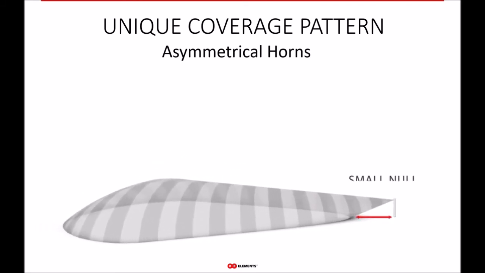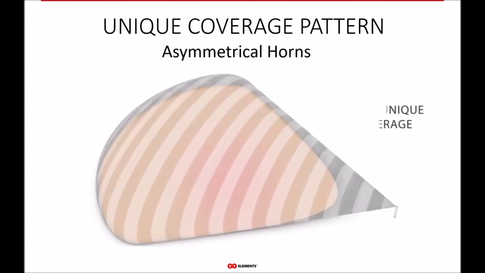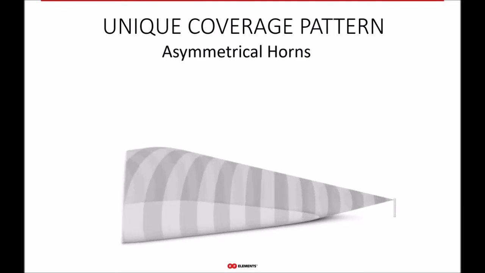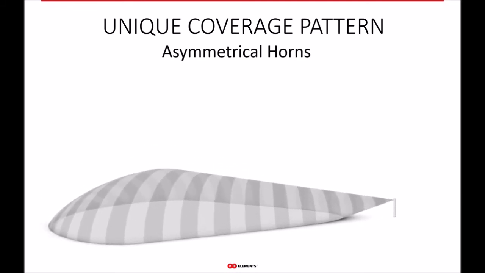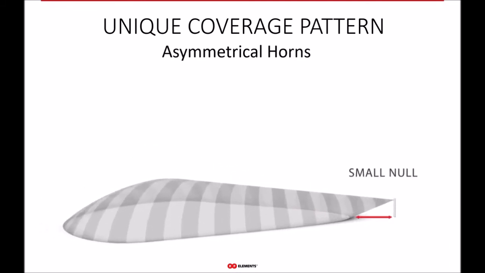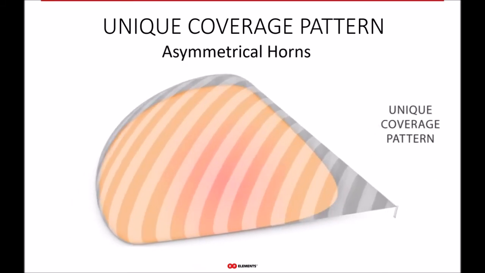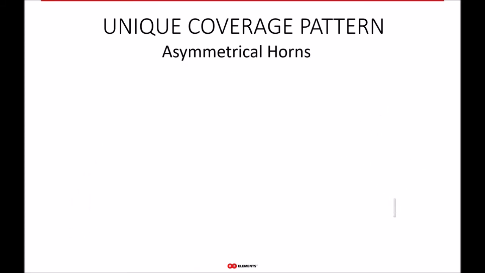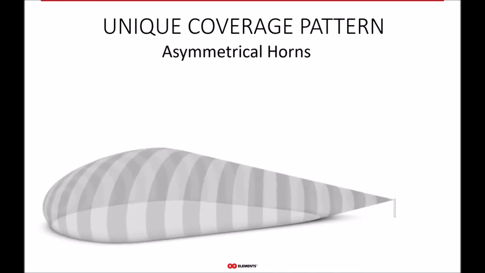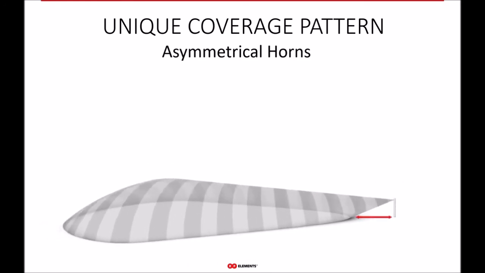And yes, I can tell you that, of course, the asymmetrical horns cover the null zone a little bit less than the symmetrical horns. But later on, we'll see the different scenarios for which each of these types of horns is the most suitable.